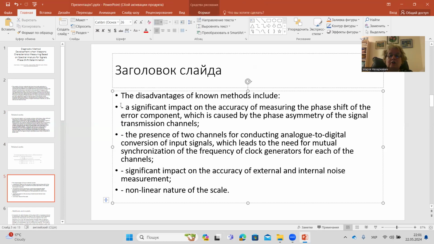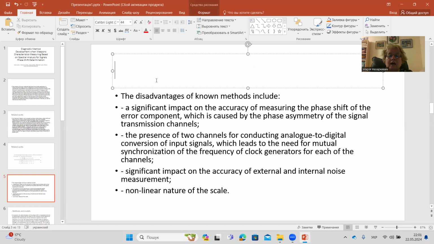The dispersion method has a significant impact on the accuracy of measuring the phase shift through the error component caused by the phase asymmetry of the signal transmission channels. The presence of two channels for conversion of analog to digital input signal leads to the need for mutual synchronization of the frequency of clock generators for each of the channels.